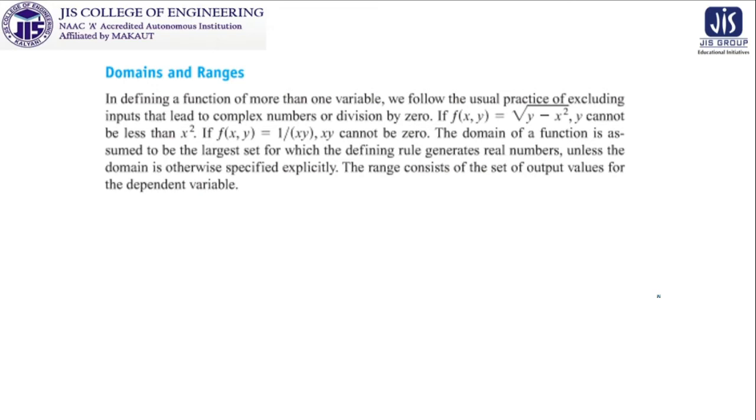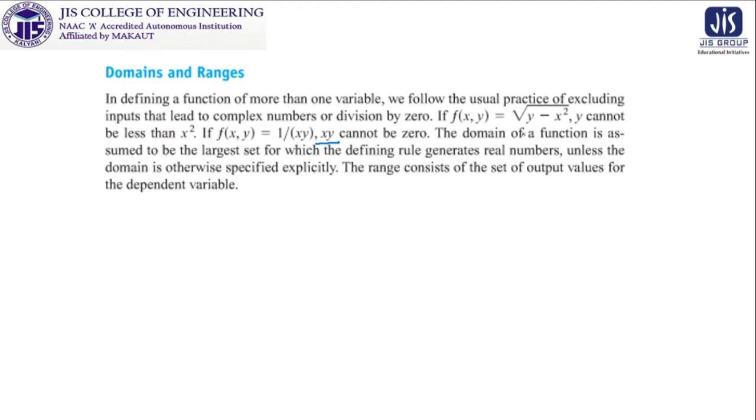So if we take f(x, y) as the square root of (x minus y squared), y cannot be less than x squared, because otherwise it will create a complex number. If f(x, y) is taken as 1/(xy), then for it to exist, xy can't be 0. These are very basic ideas mentioned in the prerequisites, which have to be kept in mind to keep the problems in the proper channel.